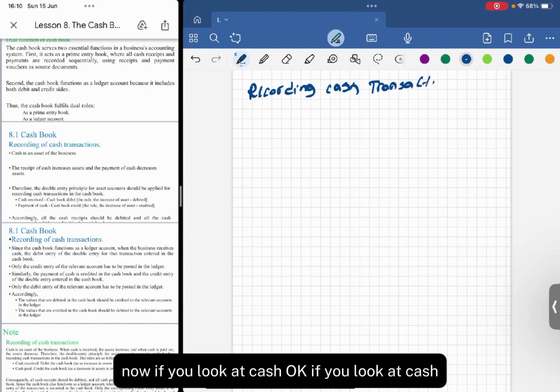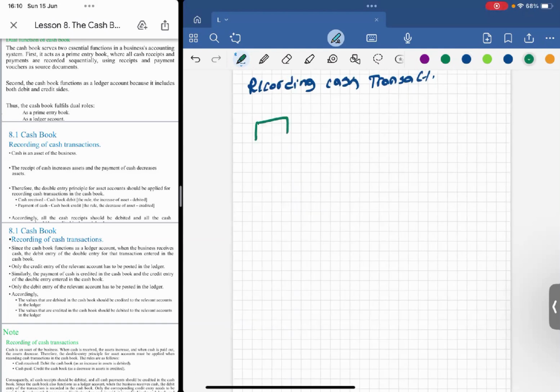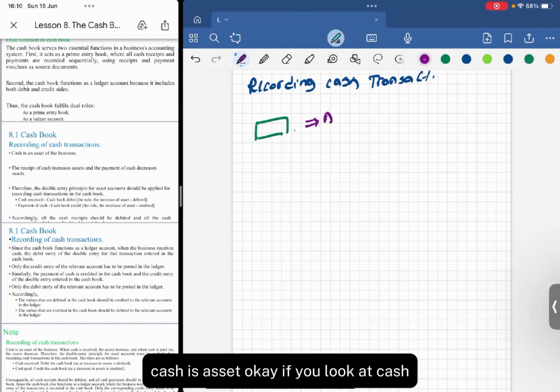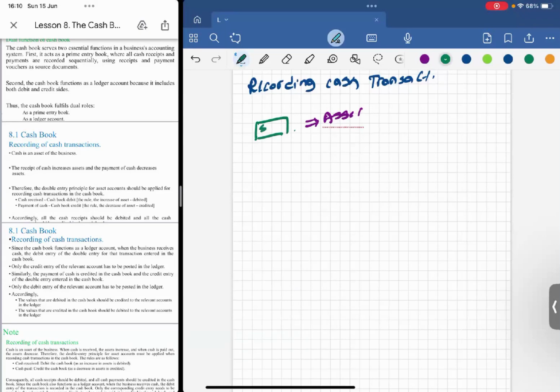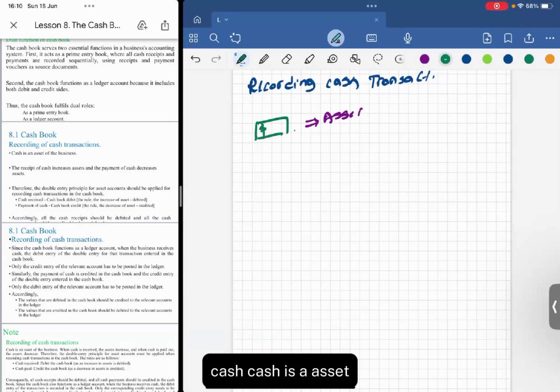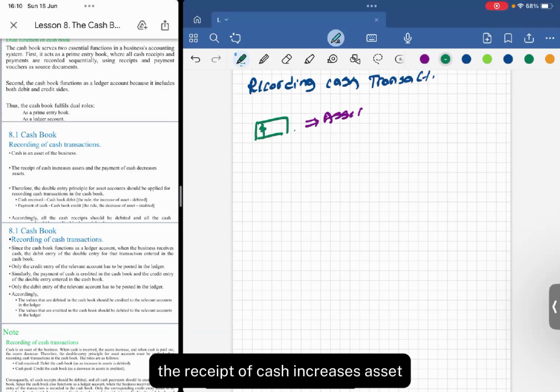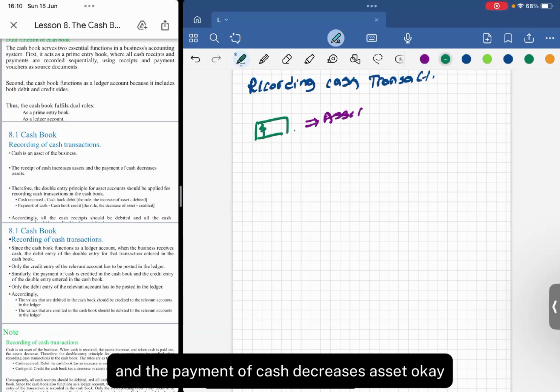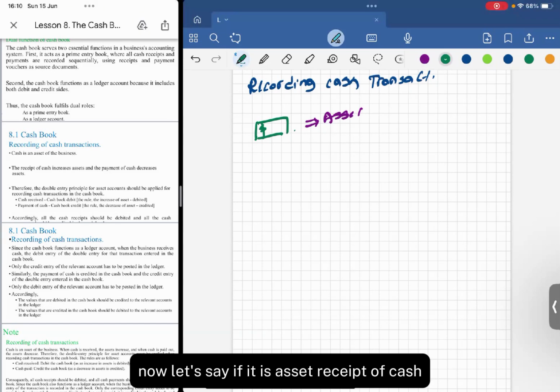Now, if you look at cash, what is cash? Cash is an asset. The receipt of cash increases the asset and the payment of cash decreases the asset.